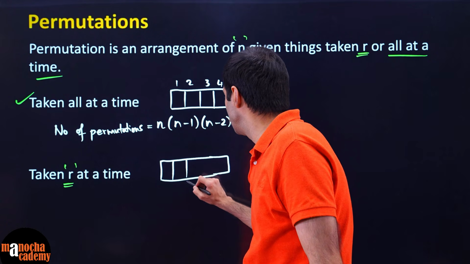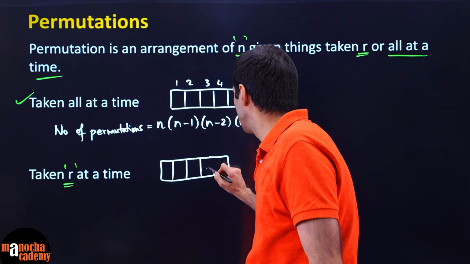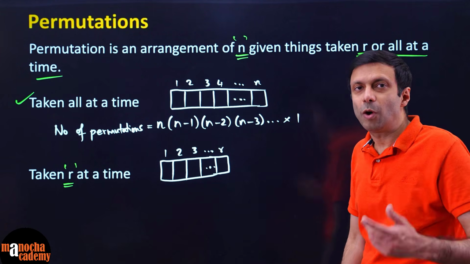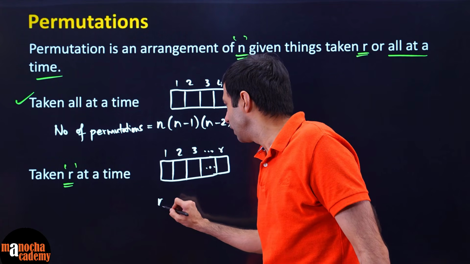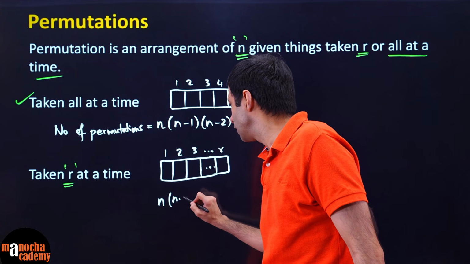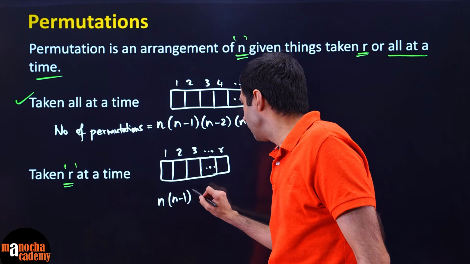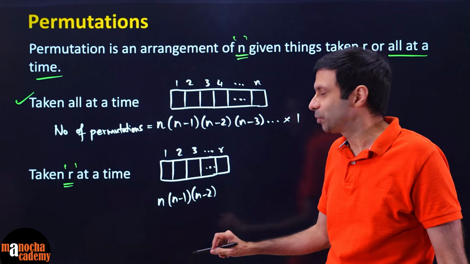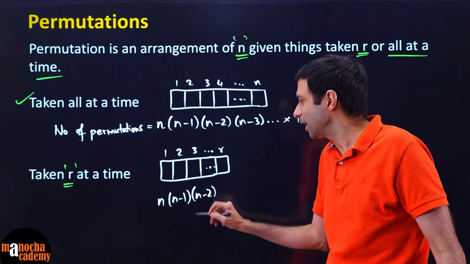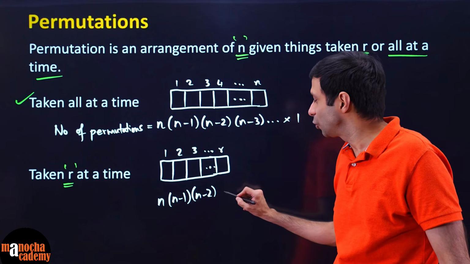So let's say 1, 2, 3 and so on till r. So how many possibilities this time? For the first box there are n possibilities. For the next box n minus 1 multiplied by n minus 2. Because see, in the first box you have n possible objects. Next one you have 1 less, n minus 1, then multiplied by n minus 2.